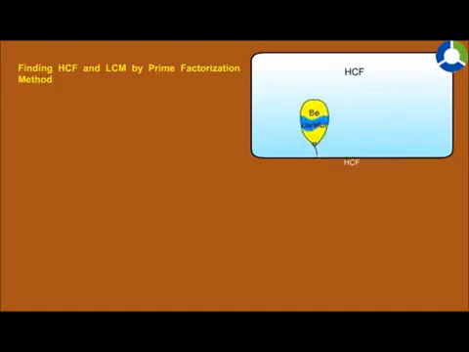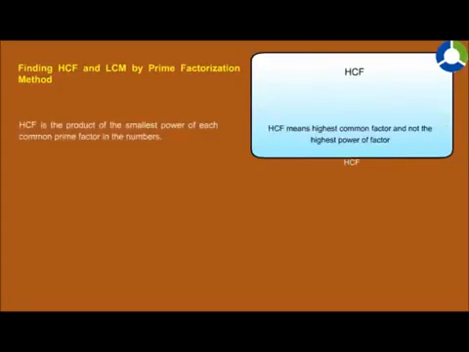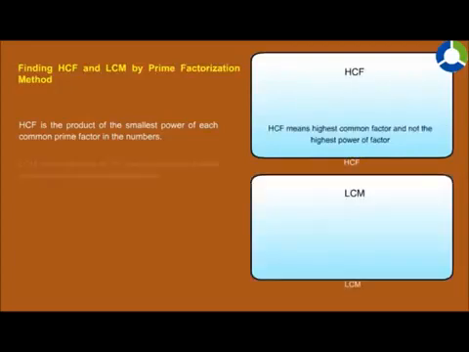Finding HCF and LCM by the prime factorization method. HCF is the product of the smallest power of each common prime factor in the numbers.